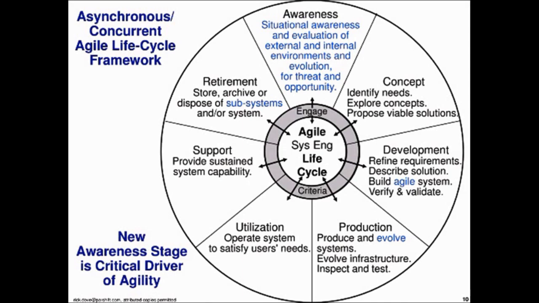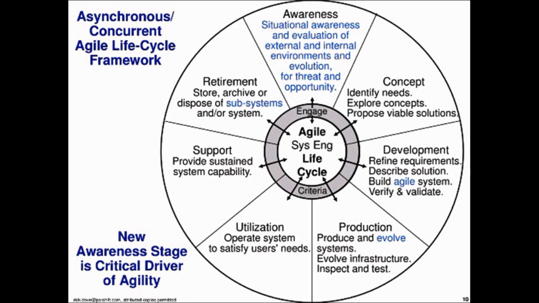The other 6 in black there are the standard 6 stages of a 15288 system engineering process. And our claim today is that there's a 7th that is absolutely necessary. It may have been in the background thinking of people in the past, but it was never put out there for its importance.